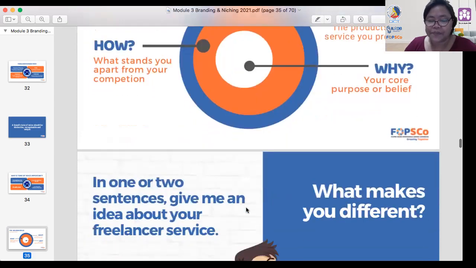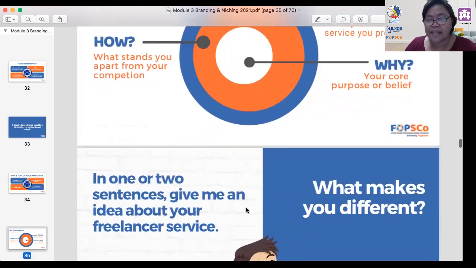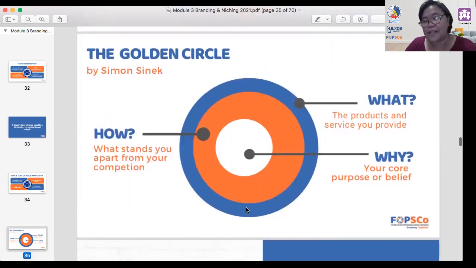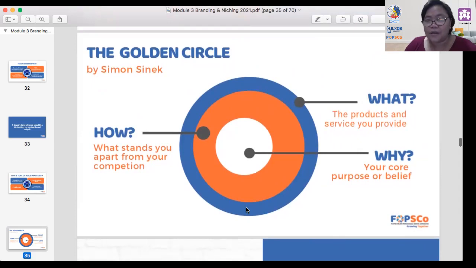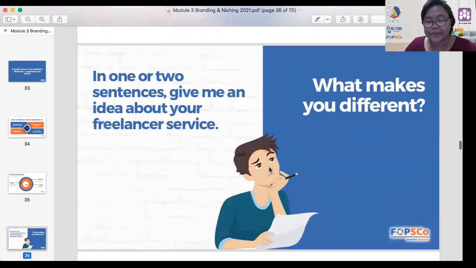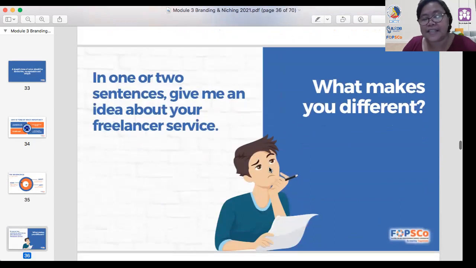Remember that in your branding task or branding, while you craft your brand, you have to remember this golden circle. So in one or two sentences, give me an idea about your freelancer service. And then what makes you different?